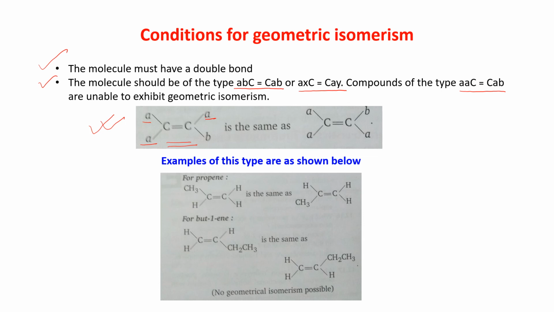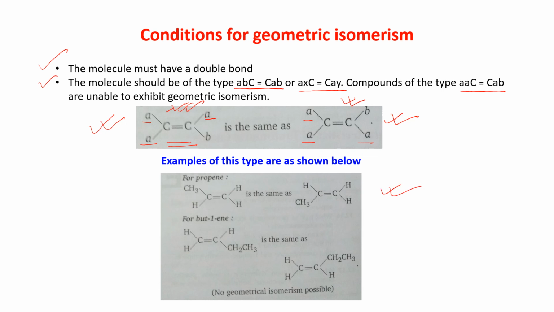So, we can write this compound in this form, or we can write this compound in this form. In both the cases, A is coming in 3 places. That means the similar group is coming in 3 places. So, they are not exhibiting geometric isomerism. This form and this form both are the same.